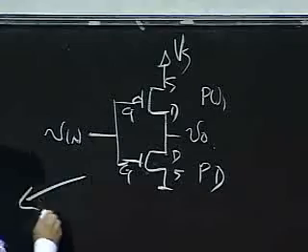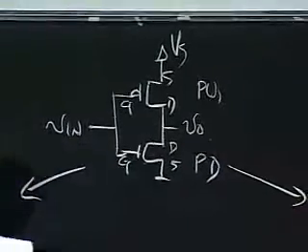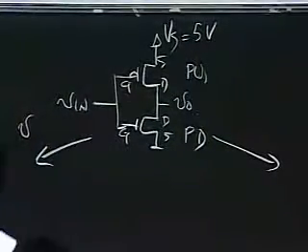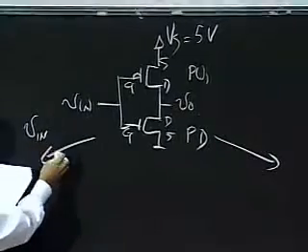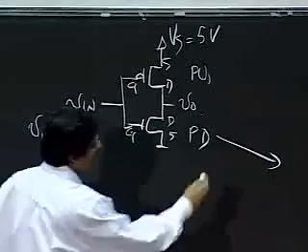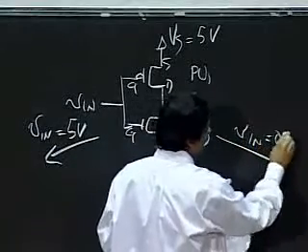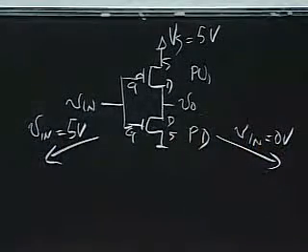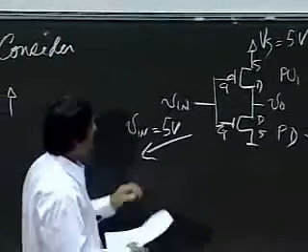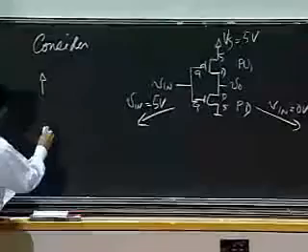So let's look at the two situations. Let's say, as an example, my Vs is 5 volts, and let's say Vin in one situation is 5 volts, and in another situation is equal to 0 volts. Let's draw the equivalent circuit in both these cases. When Vin is high, I have my usual circuit.